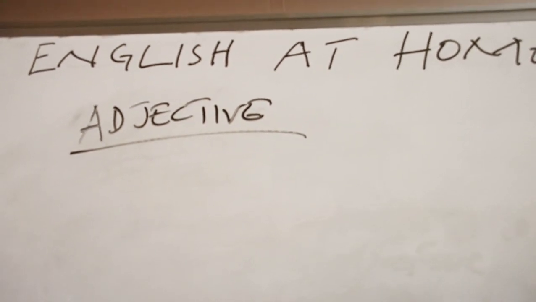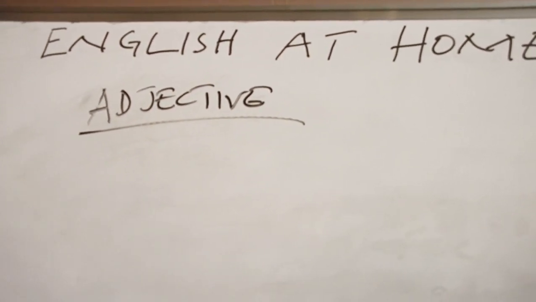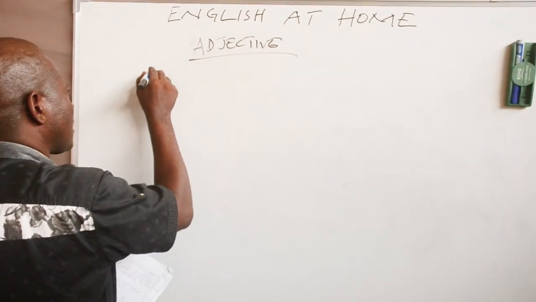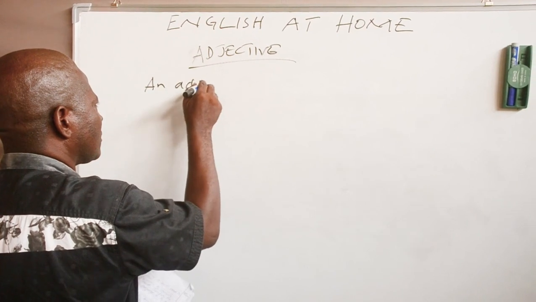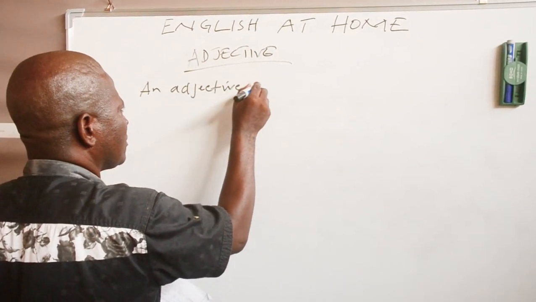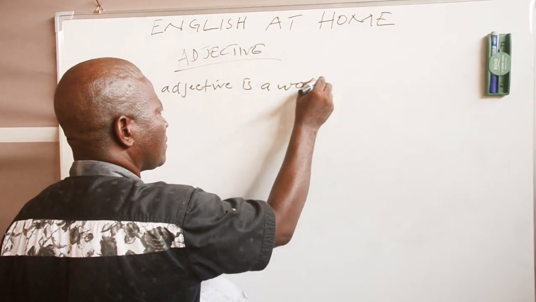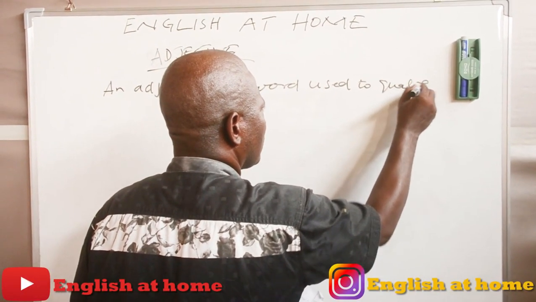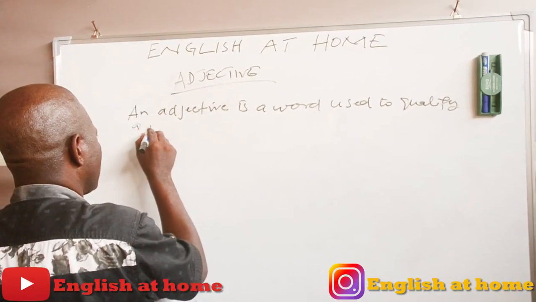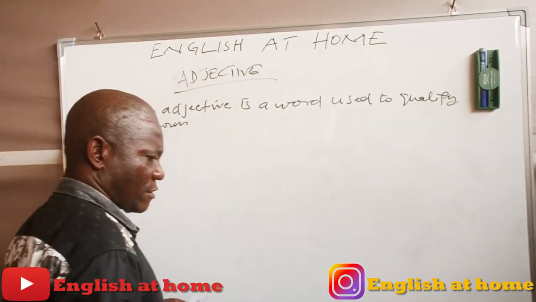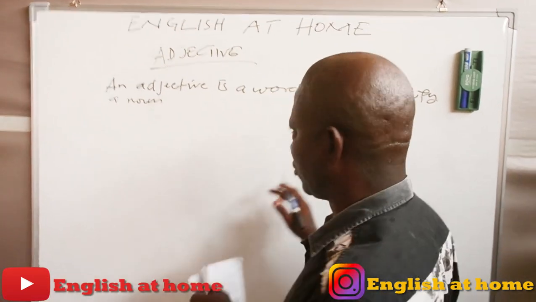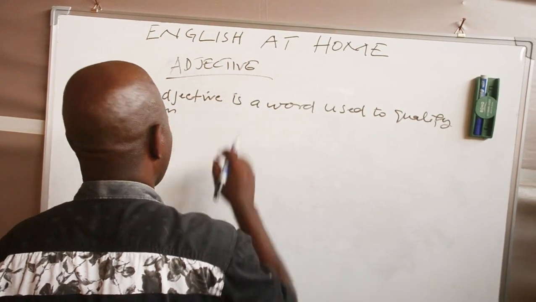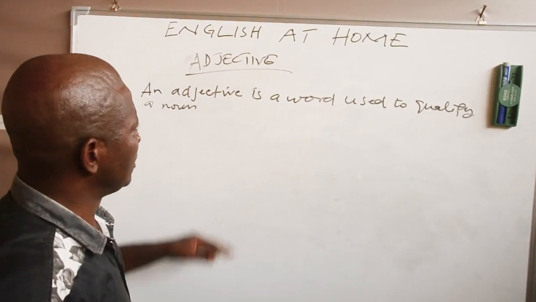All right, the adjective. So we said that an adjective is a word used to qualify a noun. At this level of the introduction, if we're going to modify the definition, that is when we are going to be studying the adjective in detail.